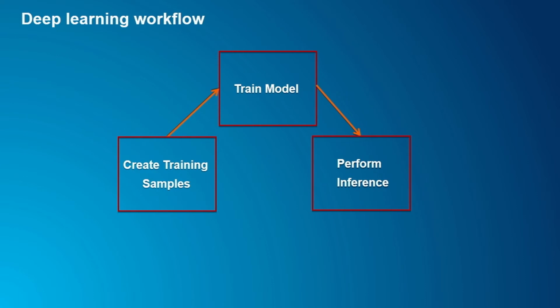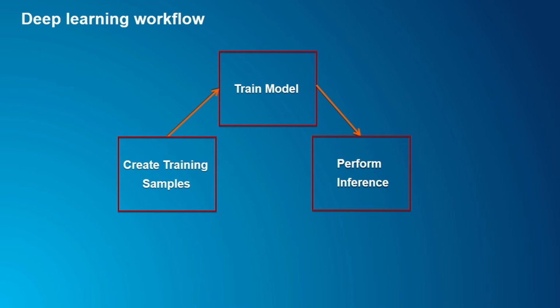A typical deep learning workflow, or I should say every deep learning workflow, is composed of 3 tasks. First is to create training samples. A deep learning model needs a large quantity of training data, so we need to prepare the training samples for the model.